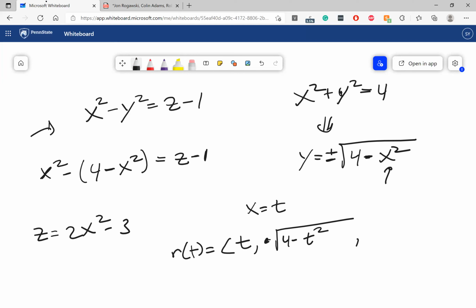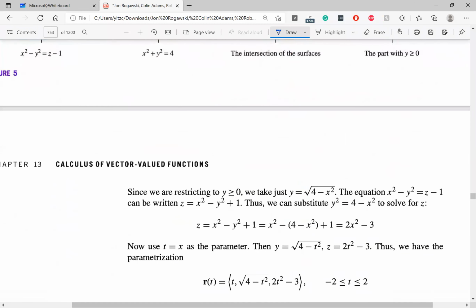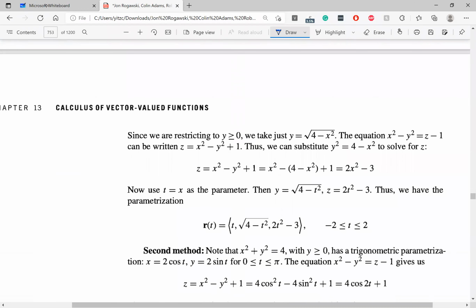And then your z is going to be 2t squared minus 3. Just plug your x into there. Okay, and that's what we get here.